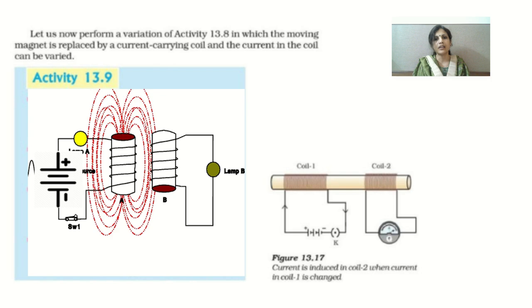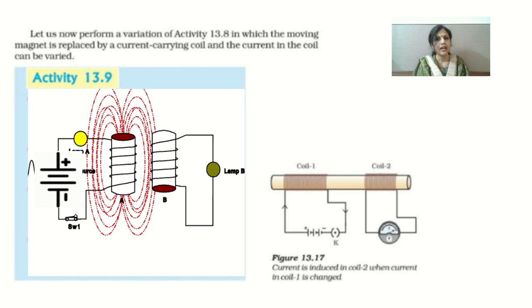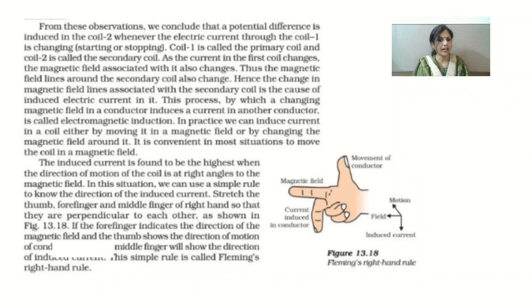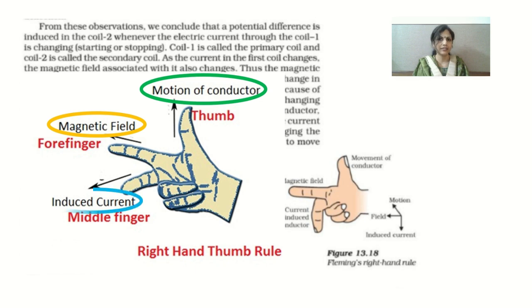And the direction of the induced current in the conductor can be given by the right hand rule. The rule states that when you stretch the three fingers of your right hand, the thumb, the index finger and the middle finger, in such a manner that they are mutually perpendicular to each other, then if the thumb is in the direction of the motion of the conductor and the index finger is in the direction of the magnetic field, the middle finger will always give us the direction of induced current.